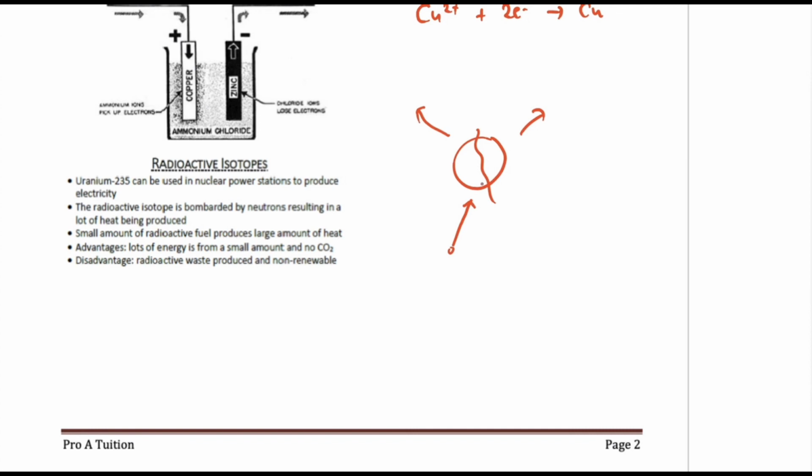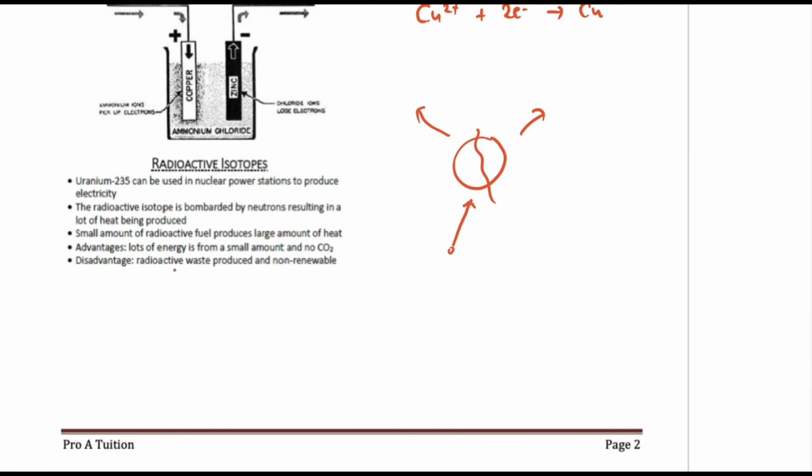Maybe you just use 0.1 gram of uranium-235, and you can get a lot of energy. So the advantages: lots of energy from a small amount, and no carbon dioxide. Compared to the burning of fuel, which produces carbon dioxide, this one does not.